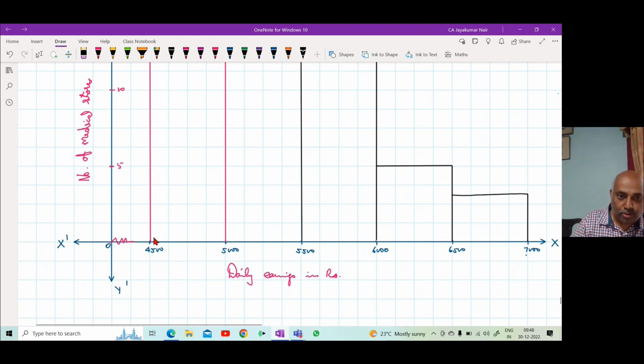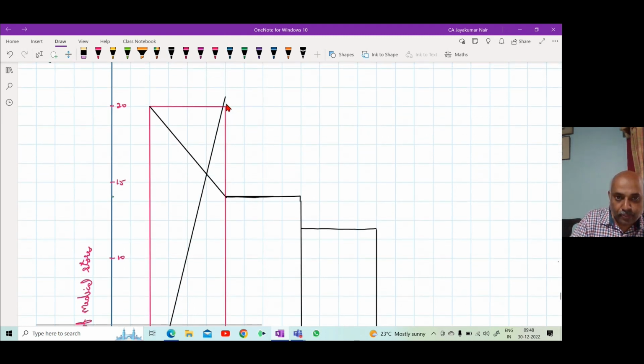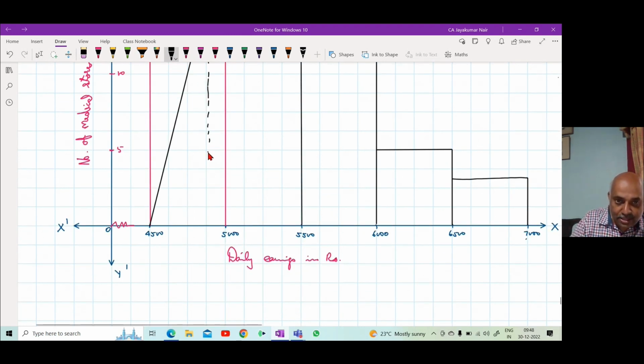So from here, you will have to take it right up here. And you have to drop a perpendicular wherever it cuts. From there, you have to drop a perpendicular. And this is your mode.